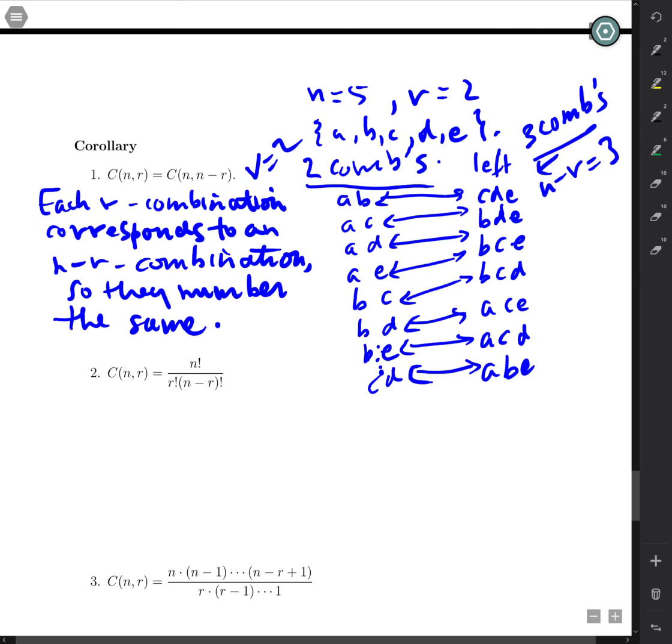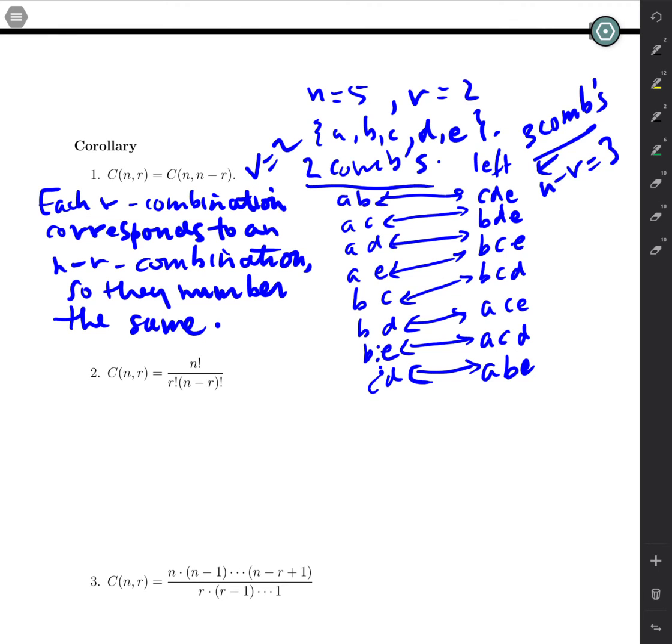Now you could have done this in an algebraic way, but this is a nice argument, what we call a combinatorial argument. That's a real convenient way to look at it. As we get some nicer formulas for counting these, we'll examine that again later.